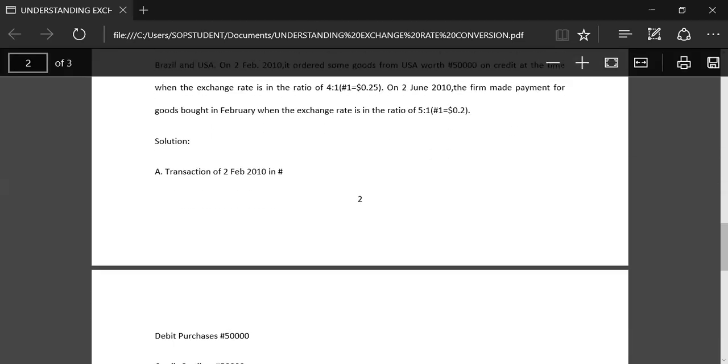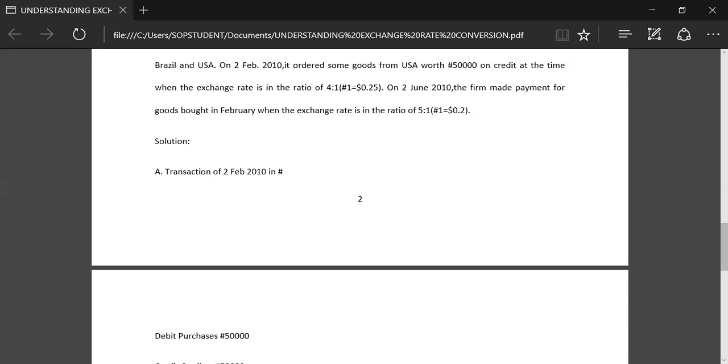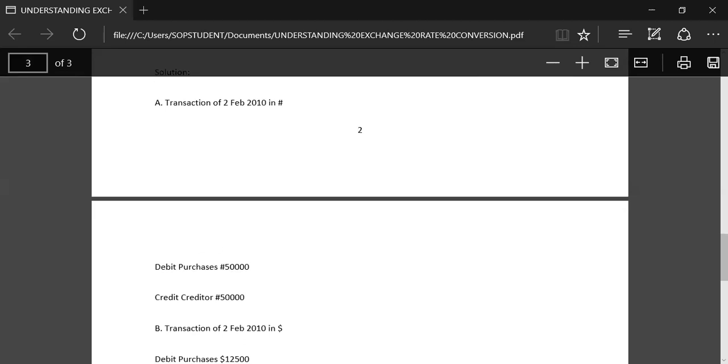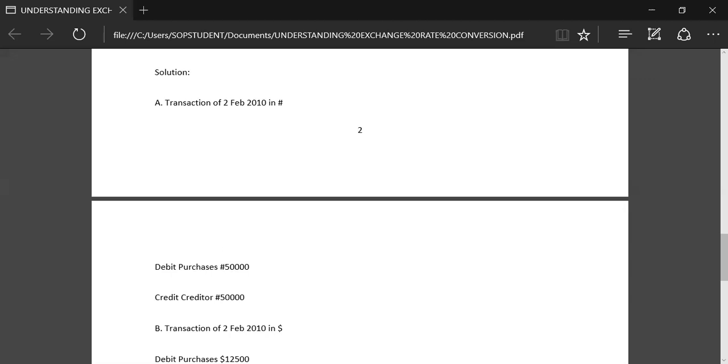Now, this is the transaction. This is how the entries will be. When the purchase was made in February, we debit purchases 50,000 and credit creditors 50,000 naira.